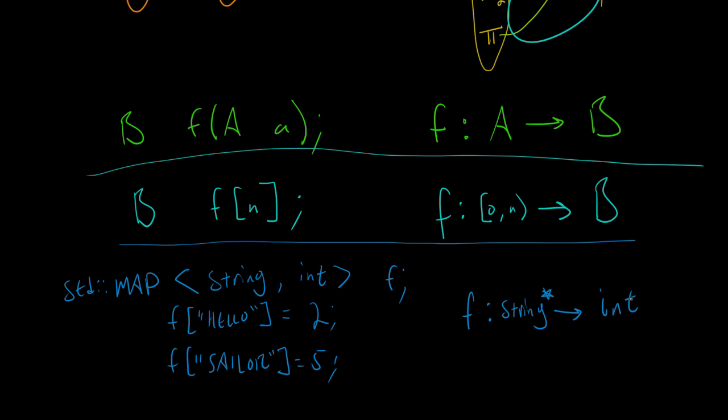But the codomain is any integer that's able to be represented by int right here. All right. So a std map is mathematically also a function. Okay. So that's cool.